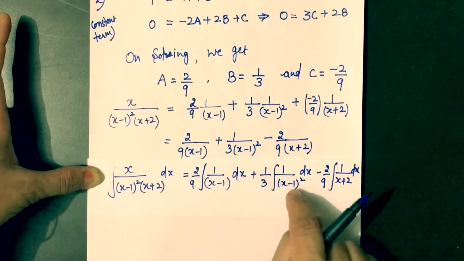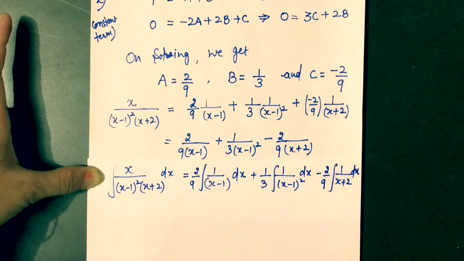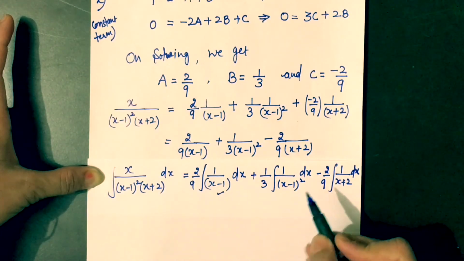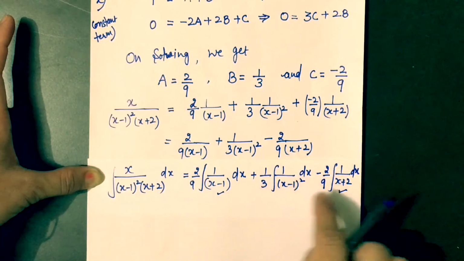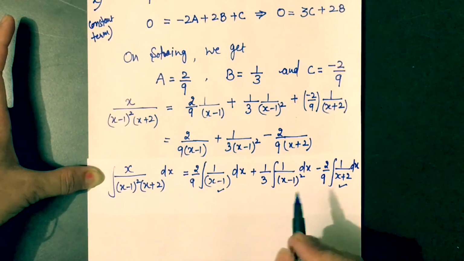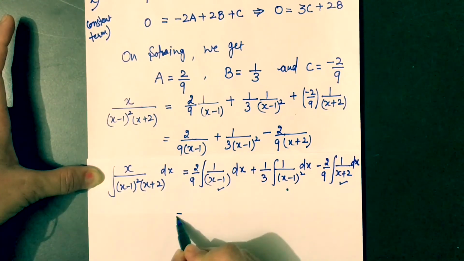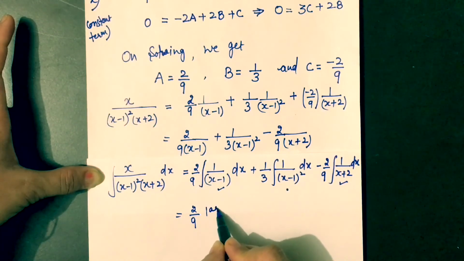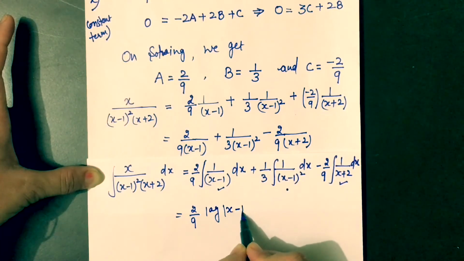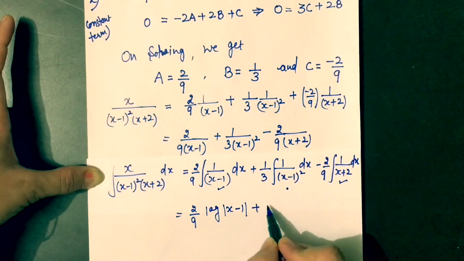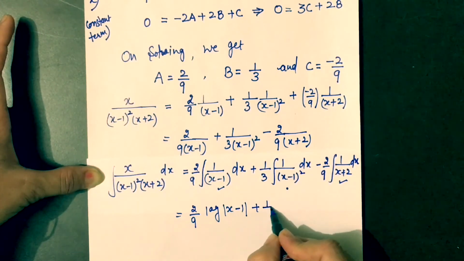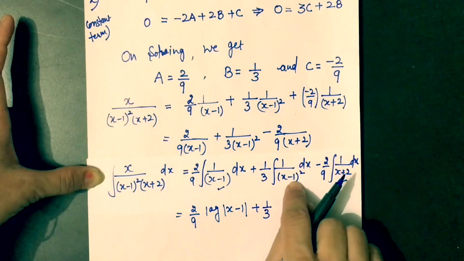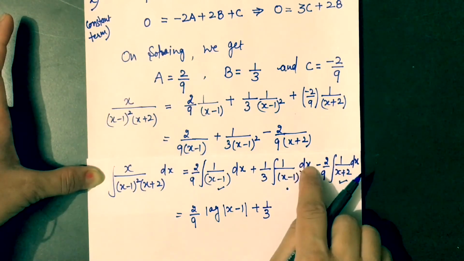These are three simple integrals we have done earlier, because this integral and this integral both have formulas in logarithm, and this can also be solved with 2 by 9. This will become logarithm of x minus 1 plus 1 by 3, because x minus 1 is a linear function and its derivative is just dx.